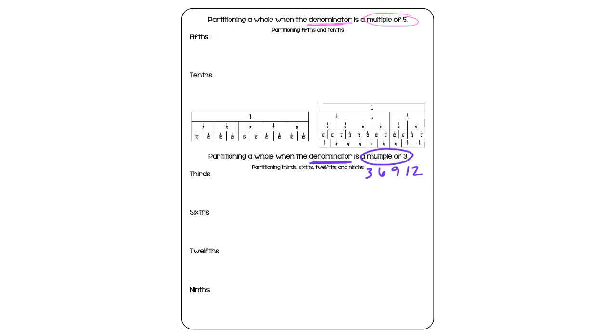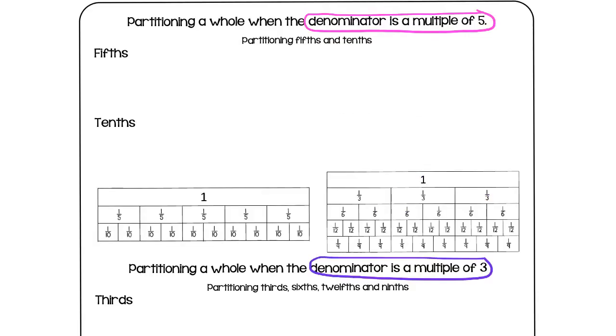We'll have 1, 2, 3, 4 bar models on each of these. Let's get started. So quickly, let's go over. Multiples of 5 would be 5, 10, 15, 20, 25, etc. So we really could partition a fraction bar into any of these pieces if we can do fifths.